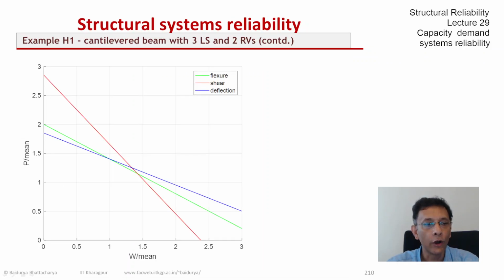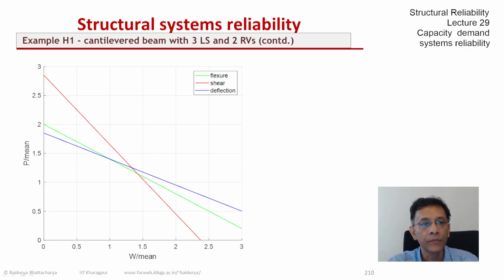So with all these numbers, we can plot these 3 limit states on the space of P and W. So W is on the x-axis, normalized by its mean value, and P is on the y-axis, normalized by its mean value.